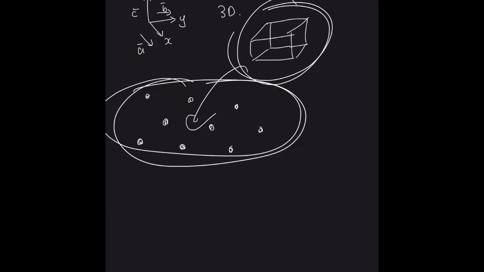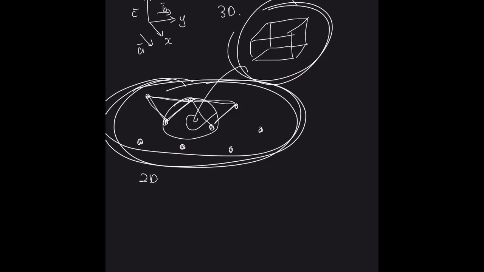So for example, let's consider the two-dimensional array of points. If you choose your unit cell as this flat triangle, then it actually doesn't work, because if you just repeat it, you're missing out this space.